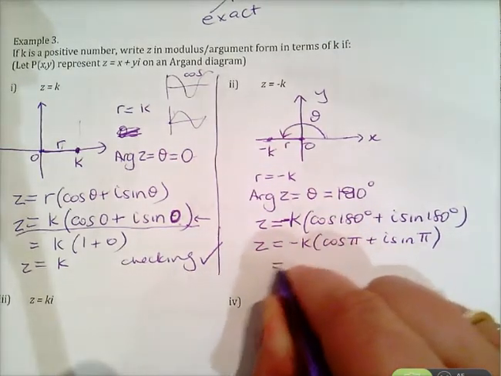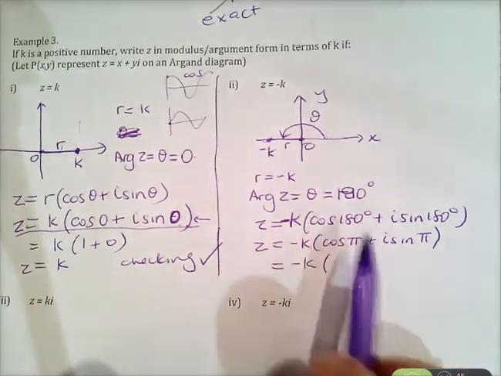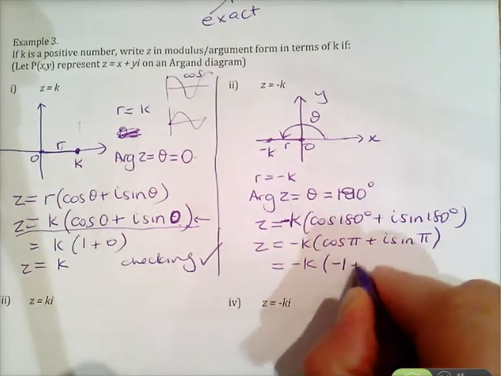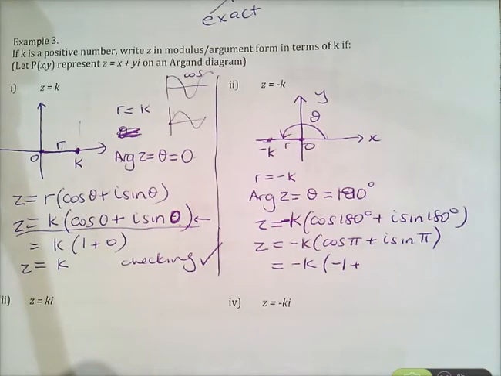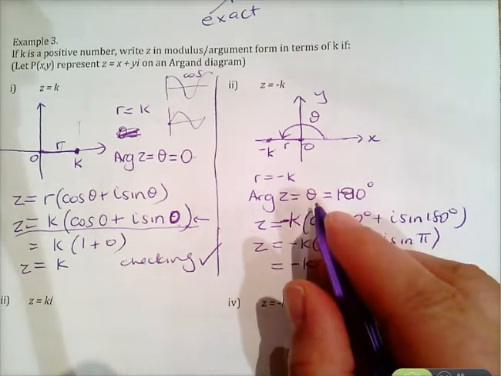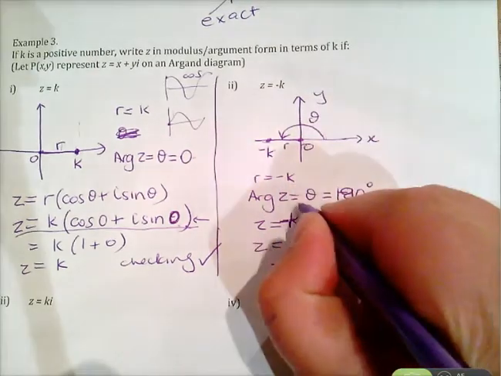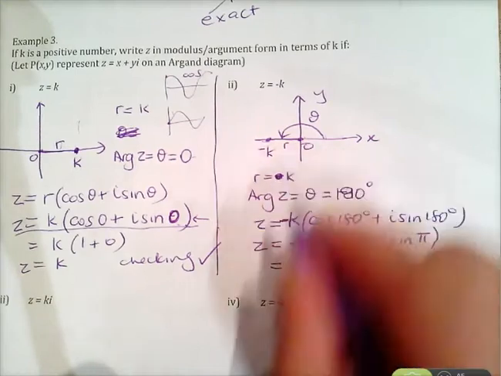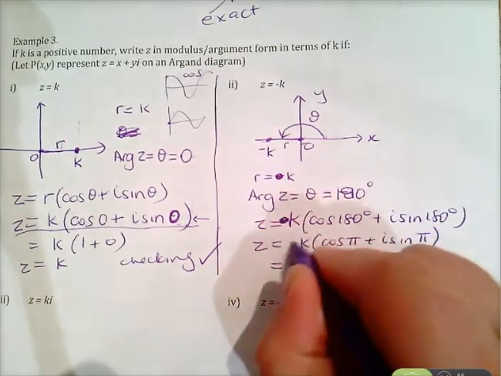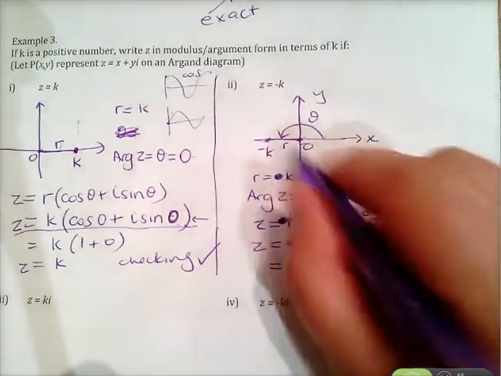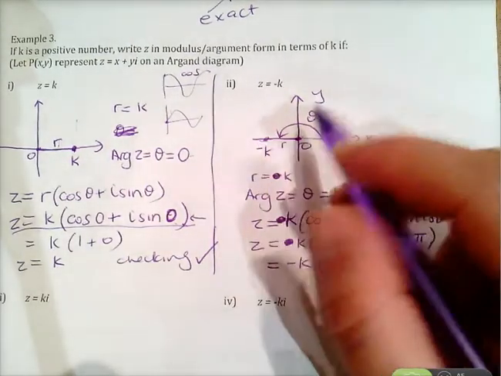Now, if I was just to check that, cos of pi or cos of 180, looking at that cos curve, is -1. And sorry, I'm sorry here. R is always positive. Sorry about that. So it's just k, okay? R is that distance. Remember, it's the square root of x squared plus y squared.